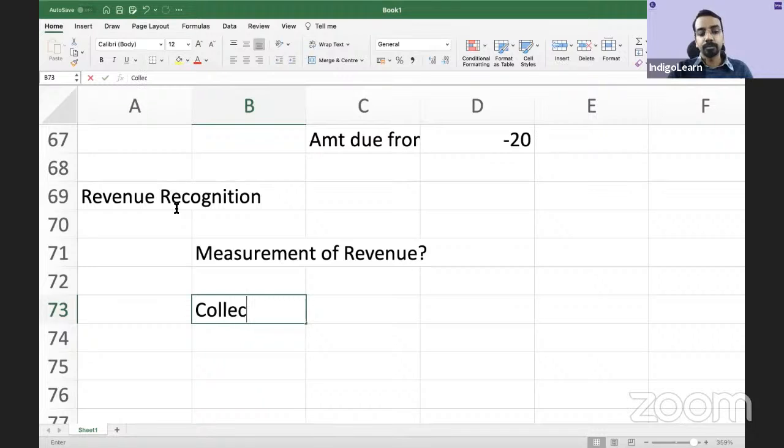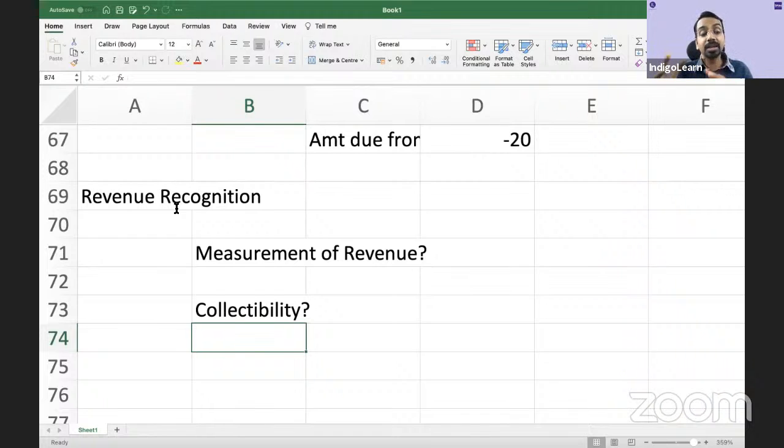Then, will you be in a position to collect the revenue from the customer? You have sold the goods, but at the time of sale of goods itself, you had a doubt whether you'll get the money back or not. Now you may say, why will I sell to a customer if I don't get the money? It may be possible that after we have dispatched the goods, it was on pay on delivery basis, the customer did not want to pay. That could be one possibility.